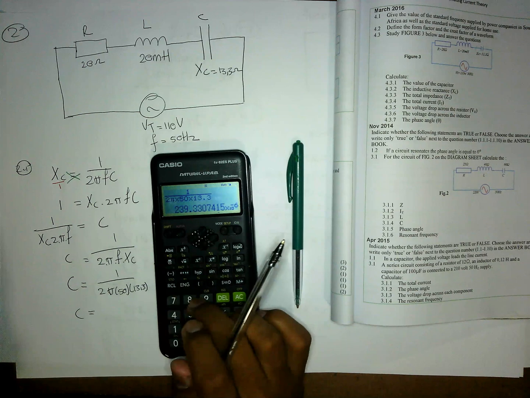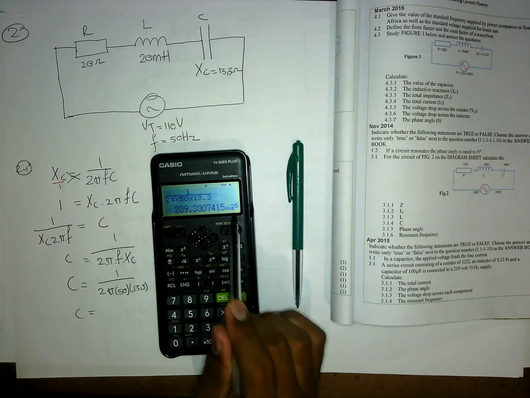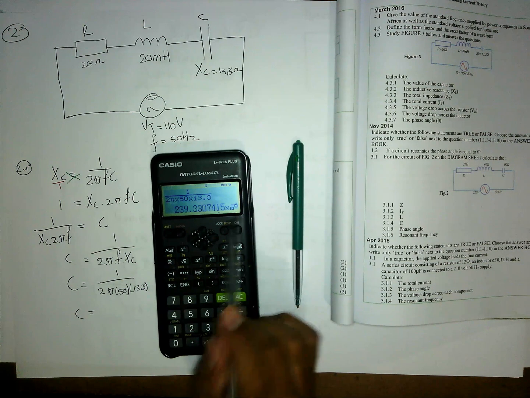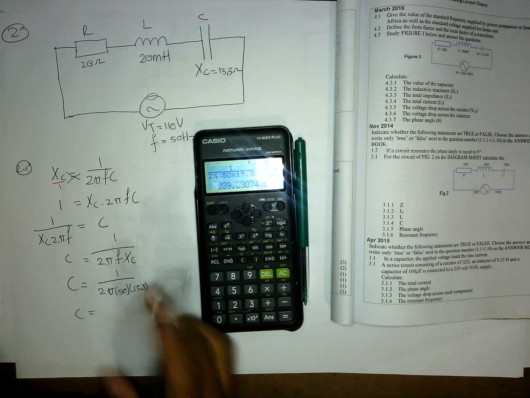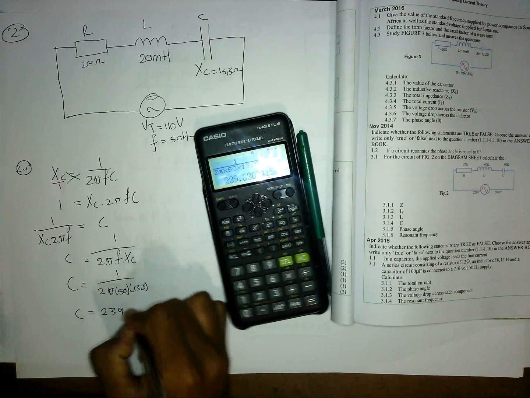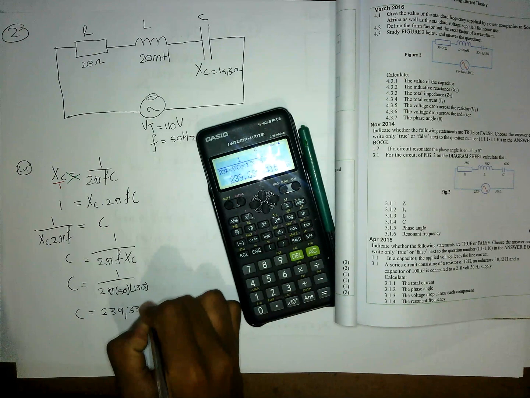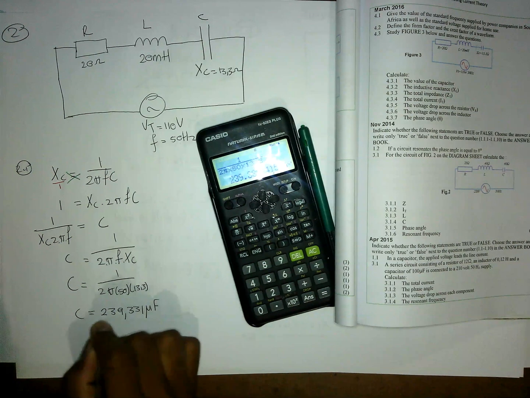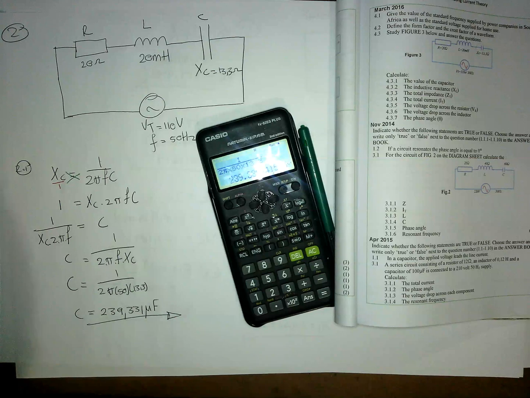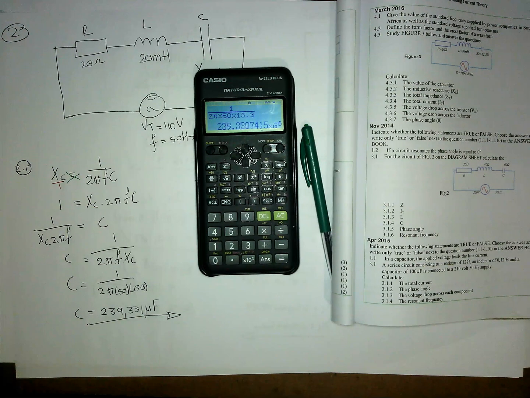But we wanted it in a form we're used to getting. So this is micro. This is why it's important to know your scientific notations. So the value of our capacitor is 239,331 microfarads.